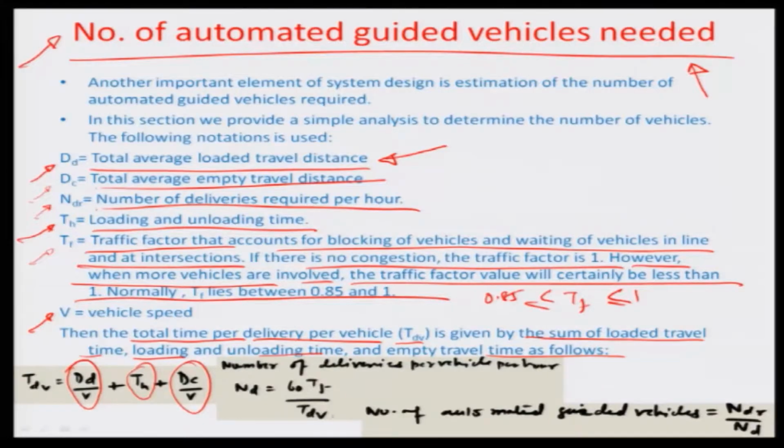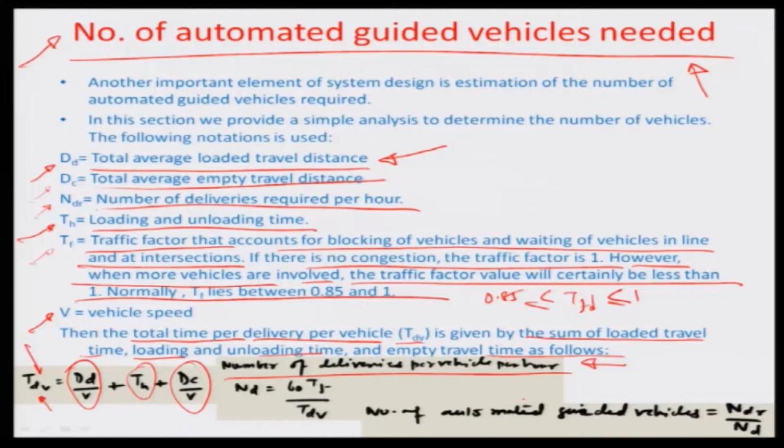So suppose the number of deliveries per vehicle per hour is ND. It's the frequency of trips, you can say. And if TDV is the total time of delivery of a single vehicle, the first aspect we want to look at is how the TDV will change if the traffic factor, which is basically blocking of vehicles and waiting of vehicles, is involved.